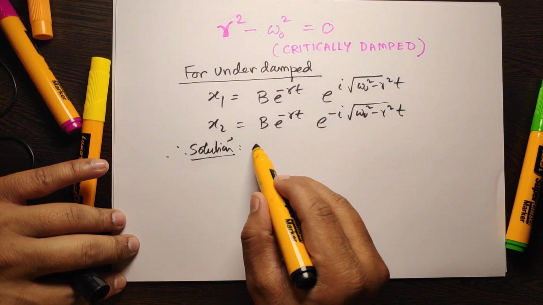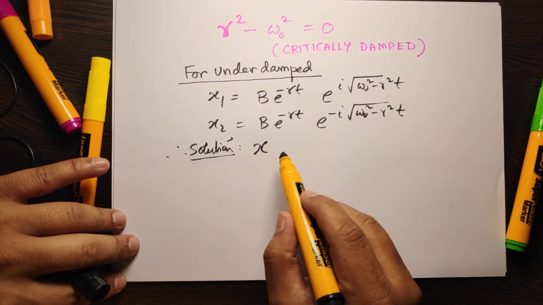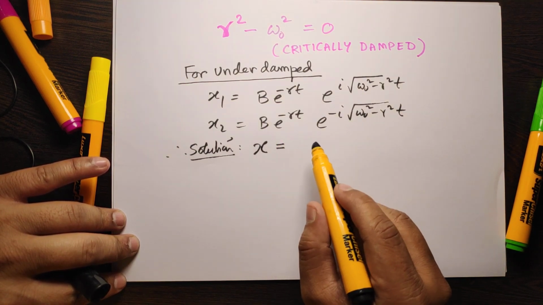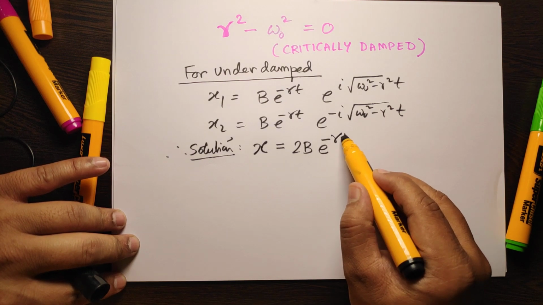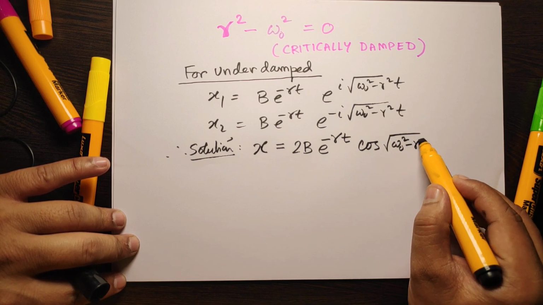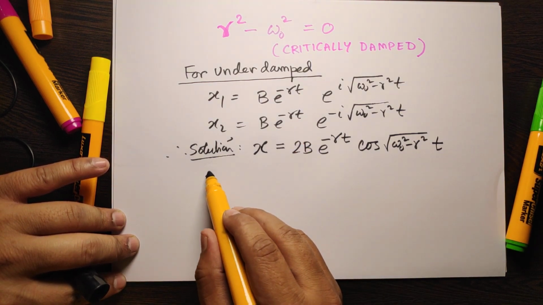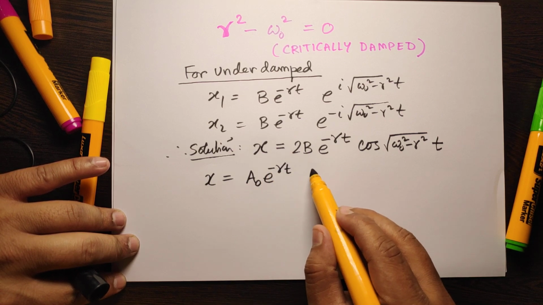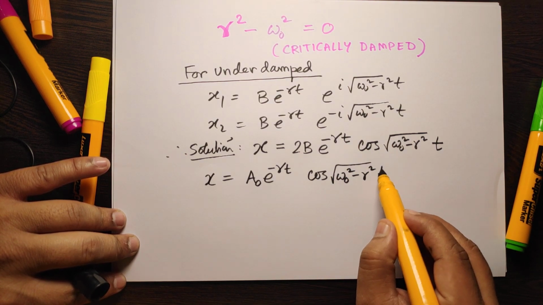The final solution for x has to be real, so you add these two solutions, x1 plus x2. That gives 2b e to the power minus gamma t cosine of root of omega naught square minus gamma square times t. You can write x equal to a naught e to the power minus gamma t cosine of root of omega naught square minus gamma square times t.